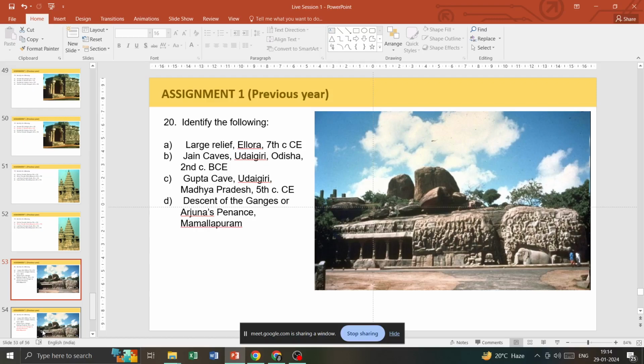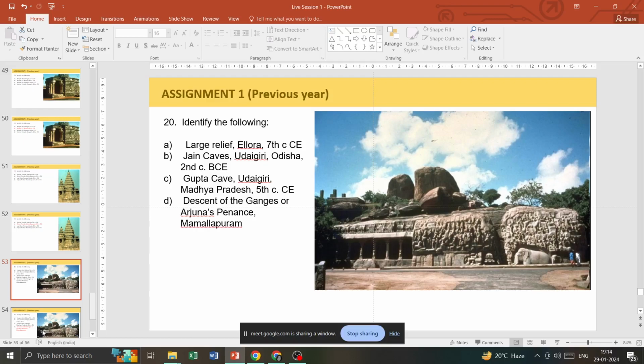So it is called Descent of the Ganges because the reliefs are on two rocks, two boulders which have been carved with this relief. And it's called Descent of the Ganges because the story depicted on these rocks is the story of Ganga coming down from heaven to earth.